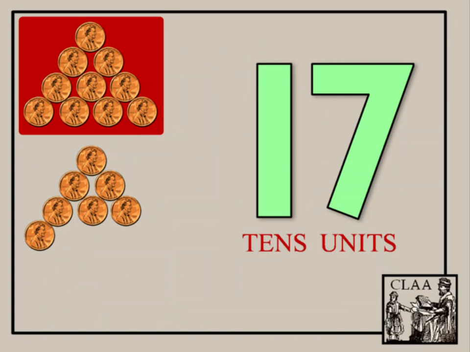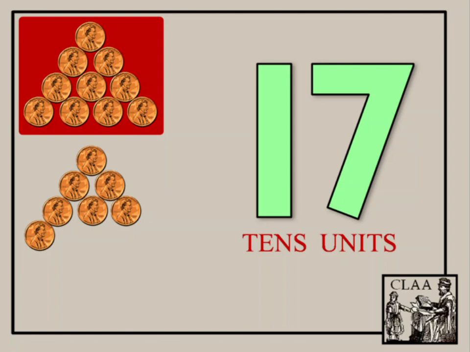When we look at the number 17 written with numbers, we can see that there is a 1 in the tens place and a 7 in the units place, and this is read 17. You can see on the left that there is one set of 10.